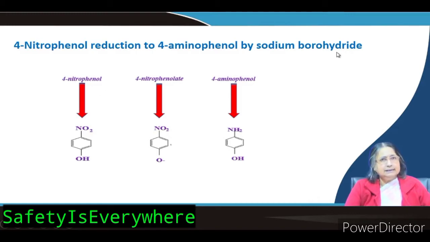Although this reaction is thermodynamically feasible, it is kinetically very slow. Whether some reaction will happen or not will be decided by thermodynamics, chemical thermodynamics, and how fast it will go will be decided by kinetics. Okay.